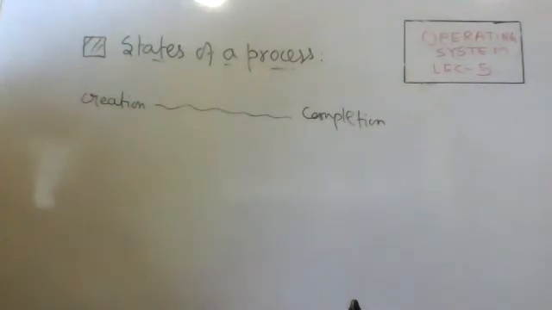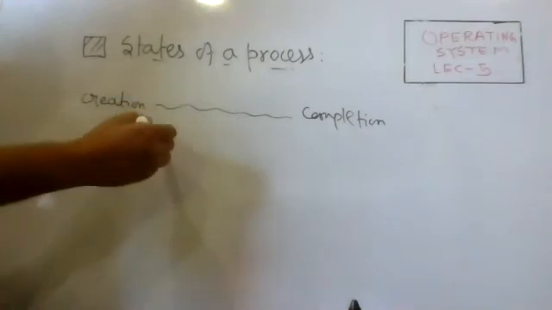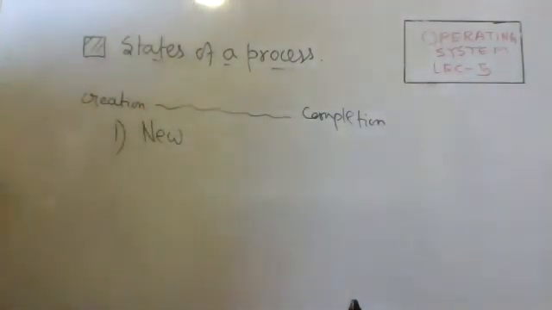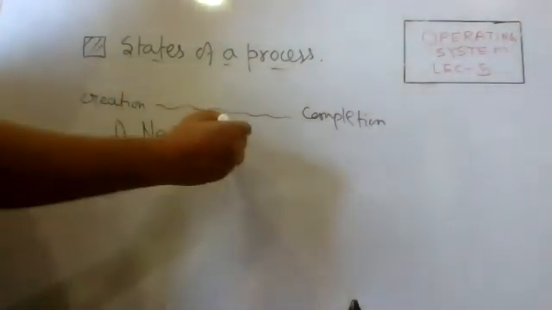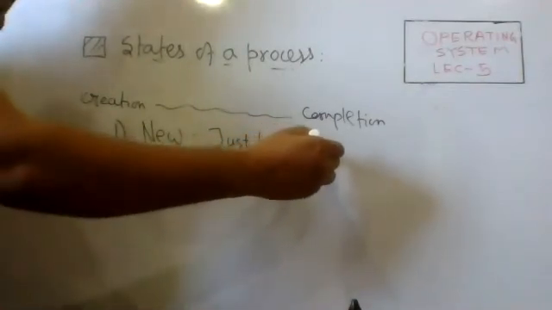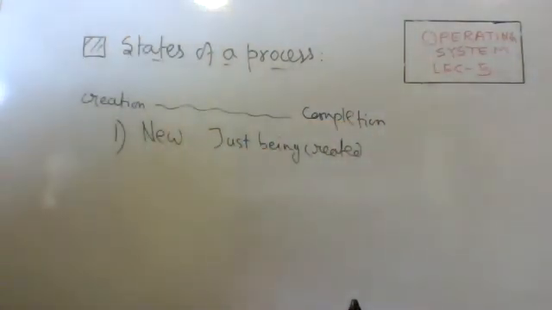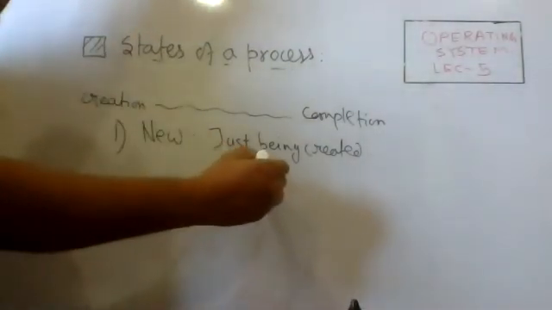So these are process states, and basically in this part we have the new state. This is basically a process just being created, and no resources are allocated here.